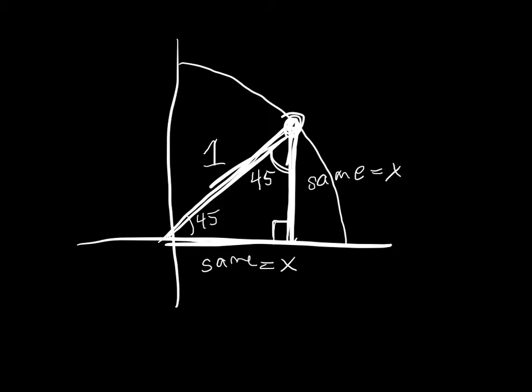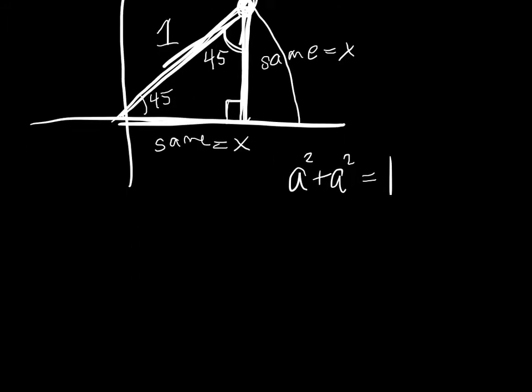Pythagorean theorem. For this triangle, normally it's a squared plus b squared equals c squared. What's c? It's 1. So a squared plus a squared is equal to 1. I called it x, or if you want to call it a, whatever. a squared plus a squared equals 1, and we could say 2a squared is 1, or a squared is 1/2.